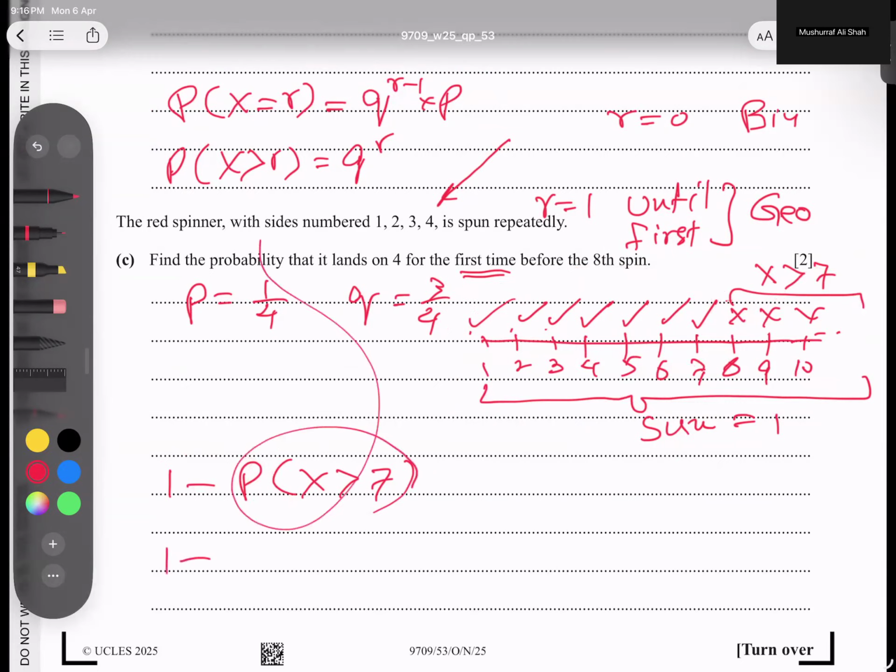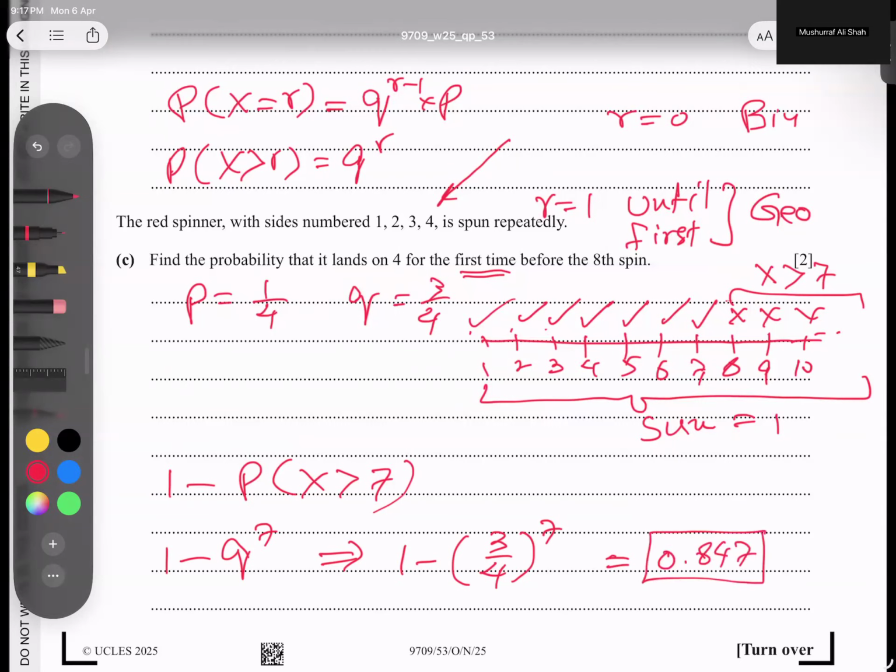And you know, I talked about more than r. We have a formula q to the power 7. So I'm writing now 1 minus q to the power 7. So I think the idea is very clear, students, and the answer, if you check it in the calculator, is 0.867.